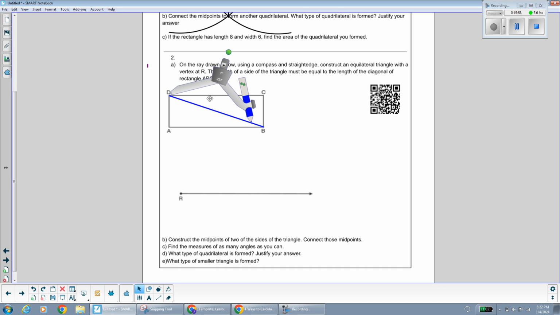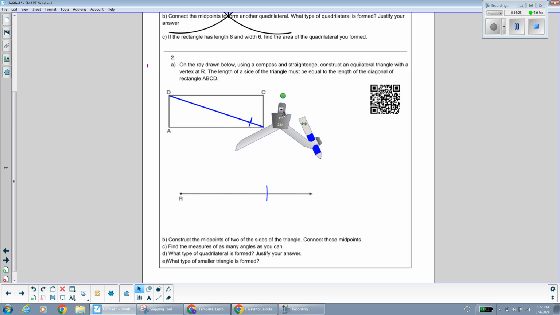It's a little bit too big for my compass here. That's another thing that is annoying about using the computer compass. So I'm going to have to do this in two pieces. I'm going to take my measurement without changing anything, and bring it down over here.